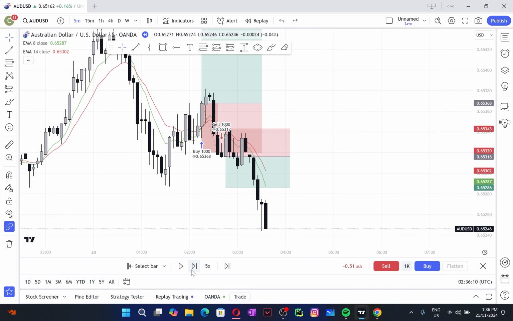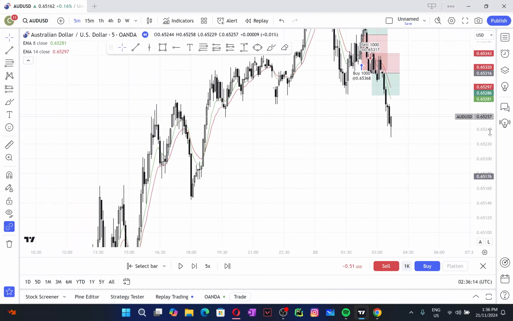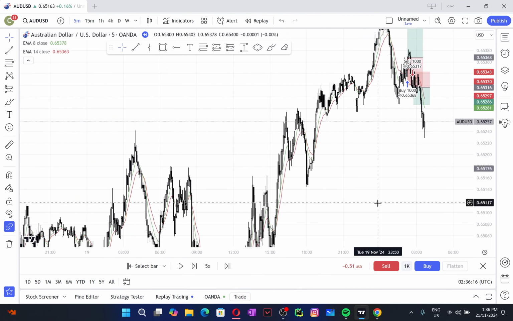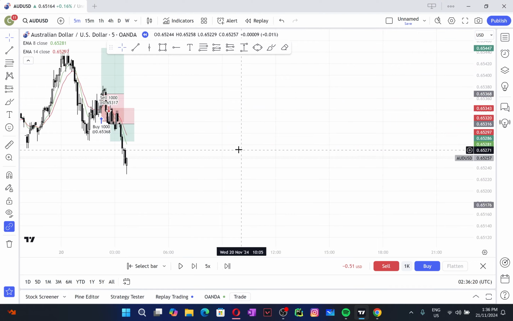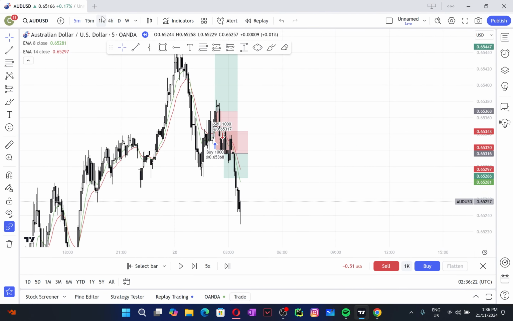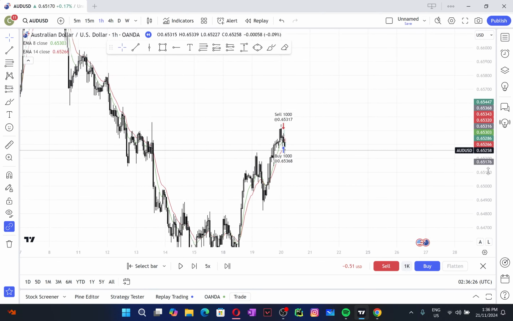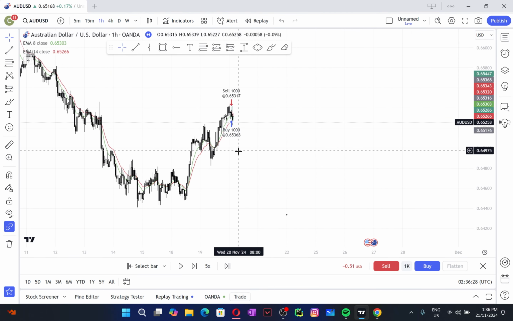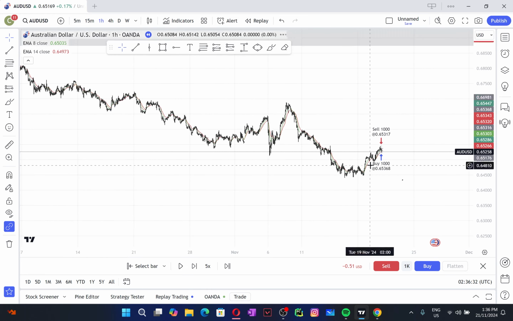Again, we're gonna wait, let's look for zones. So it's probably gonna go up again, or maybe if you look at the 1 hour chart, it might even go lower. So overall this might be a high, this might be a low, and this might be another high.